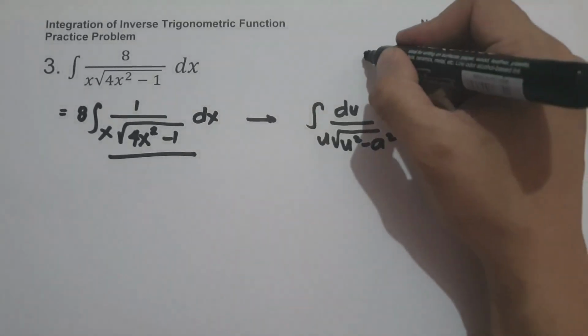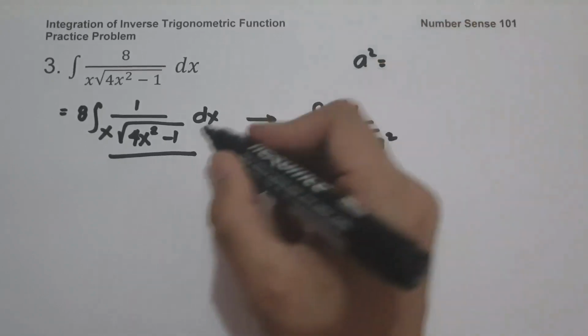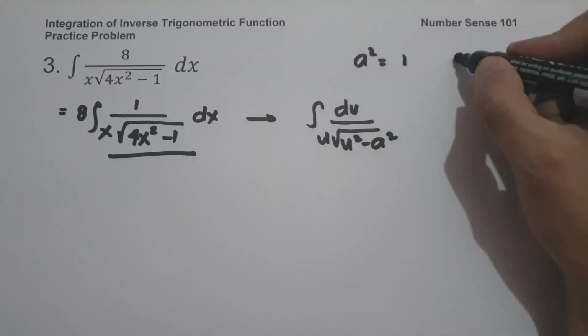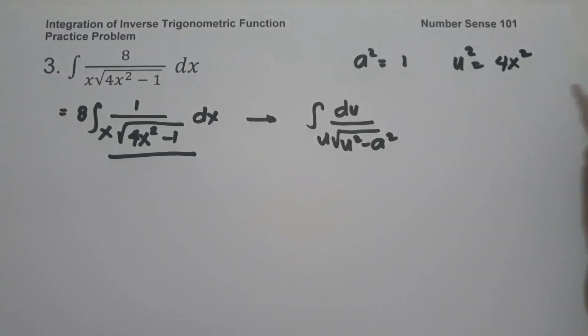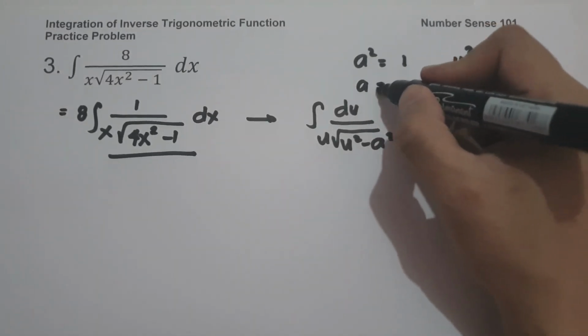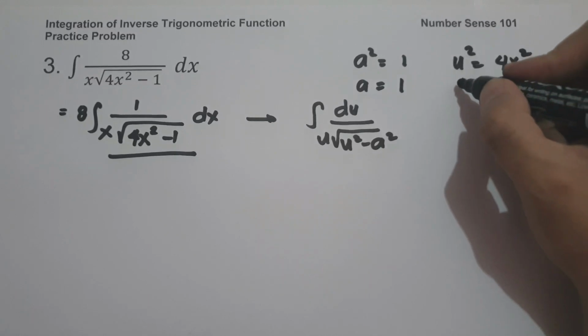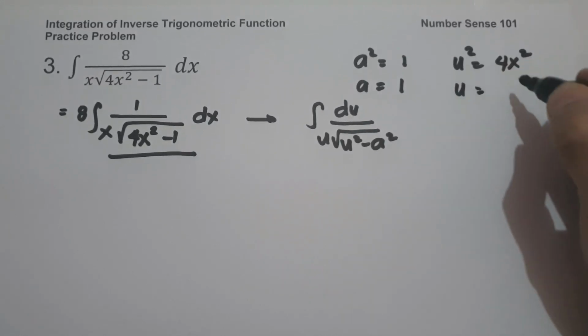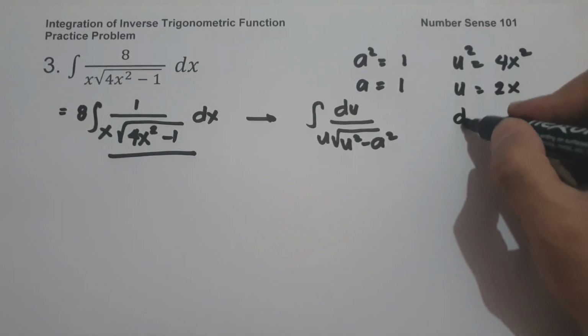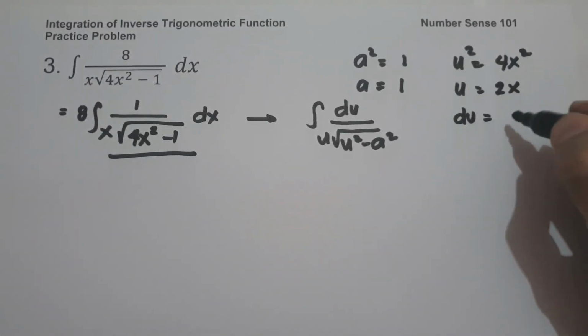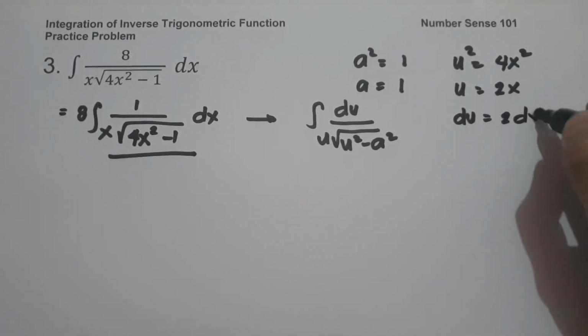So this time, the value of a squared is 1, and u squared is 4x squared. The value of a is the square root of 1, that is 1. The value of u is the square root of 4x squared, that is 2x. And du is the derivative of 2x, that is 2 dx.